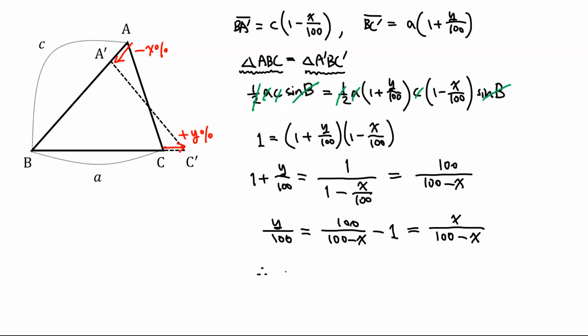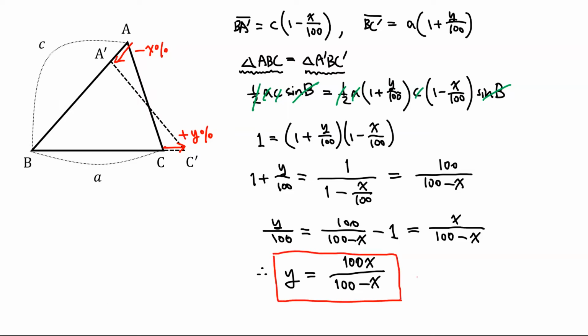So therefore, we have Y equals 100X over (100 minus X). And this is our answer, Y in terms of X.